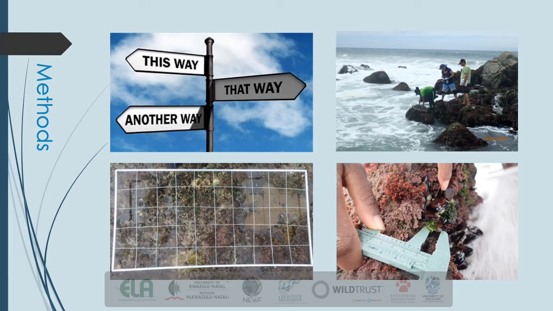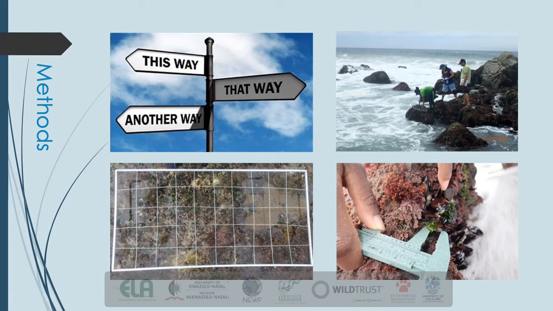We then separated the intertidal zone into 4 different zones: the top shore, the high shore, the mid shore, and the low shore. In the 2 upper zones, the top shore and the high shore, we took 10 quadrats in each, and in the 2 lower zones, we took 20 quadrats in each, and that gave us 60 quadrats.